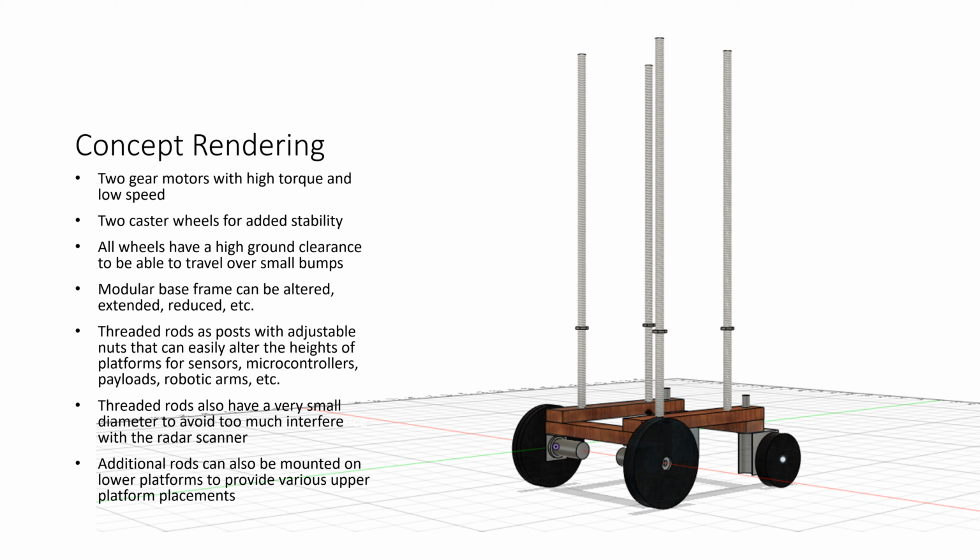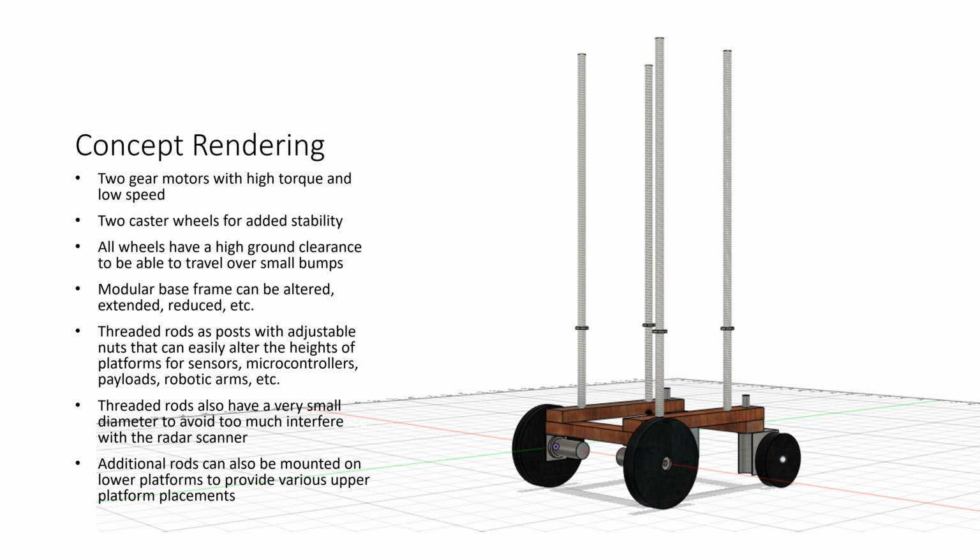I will also mount as many components and parts and the battery on the bottom rear or back of the robot, so the robot can be as best balanced as possible.